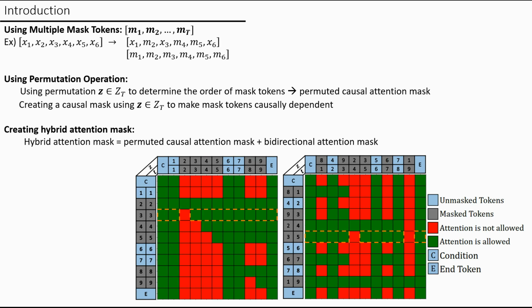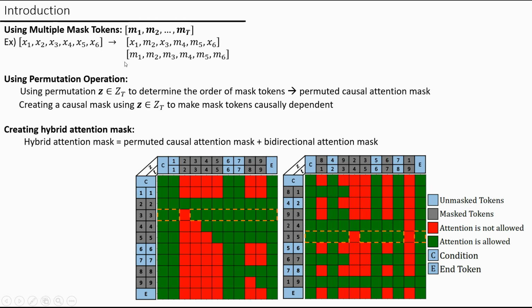In order to address these issues, we propose to use multiple mask tokens. For example, if we have a sequence of length 6, we use 6 different mask tokens. If we want to mask 50% of the input sequence, we use 3 different mask tokens.